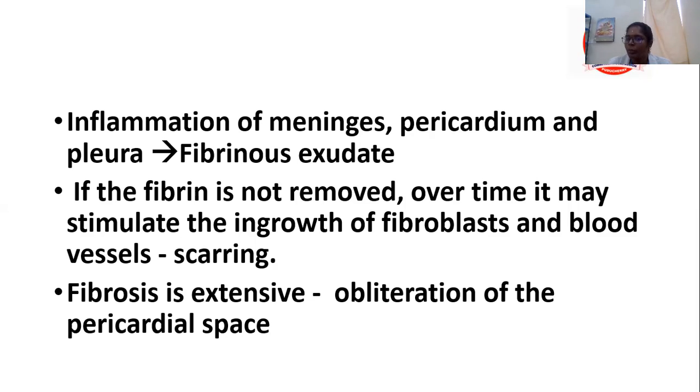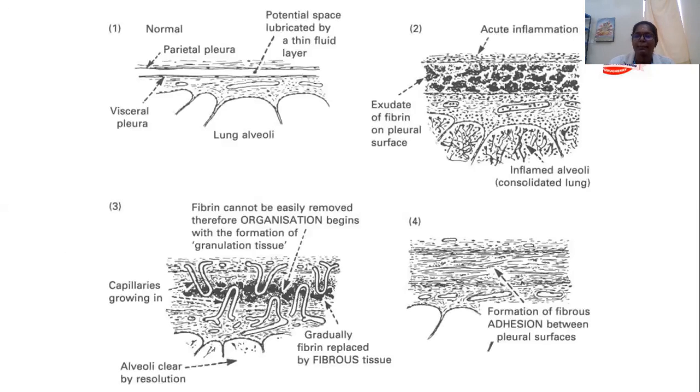If you do not remove the exudate over a long time, it will stimulate the ingrowth of fibroblasts and blood vessels, and finally end up with fibrosis, and you can have obliteration of the pericardial space. If you see this picture, you can see how it is organized and fibrosed. In the first picture, you can see the parietal pleura and visceral pleura, and the pleural space between them.